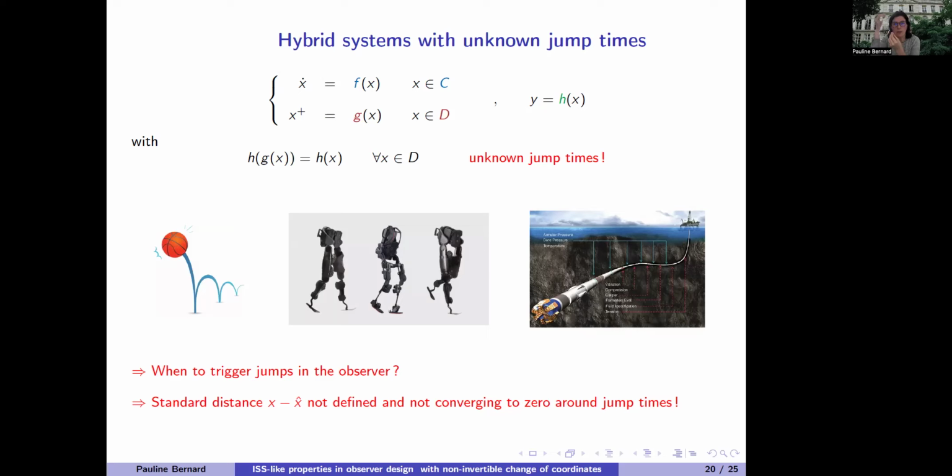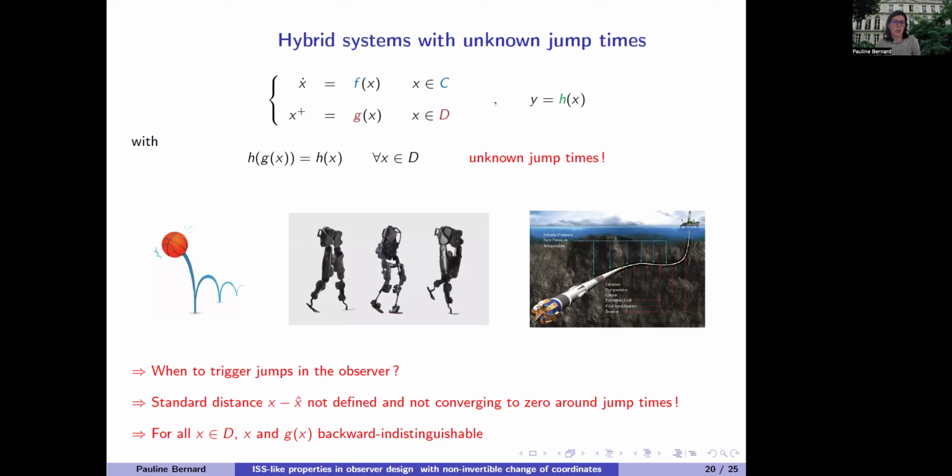So you will always have some irreducible distance between x and x hat around the jump times, unless they are perfectly synchronized, and this you cannot do because you don't know when to trigger the jumps. So before anything, you know that x hat minus x will not go to 0, and you have to look at other distances.